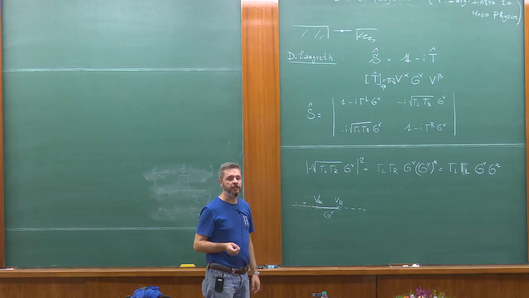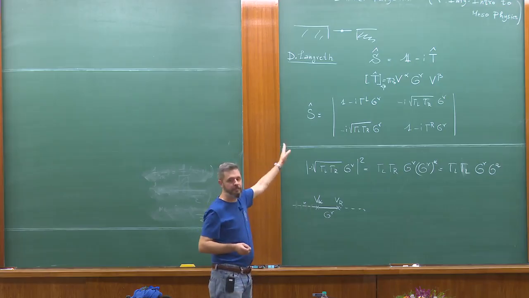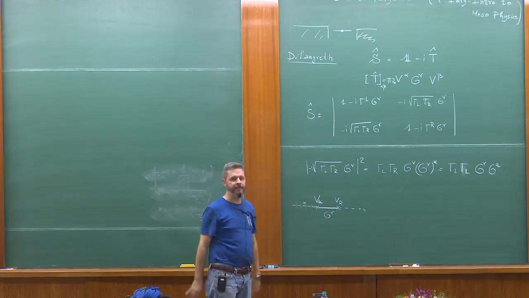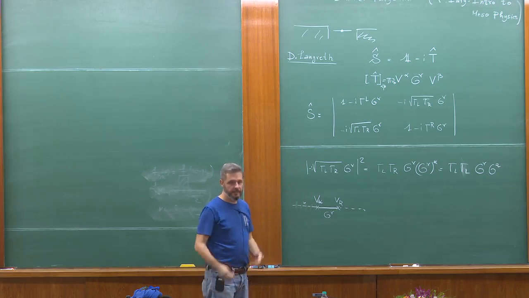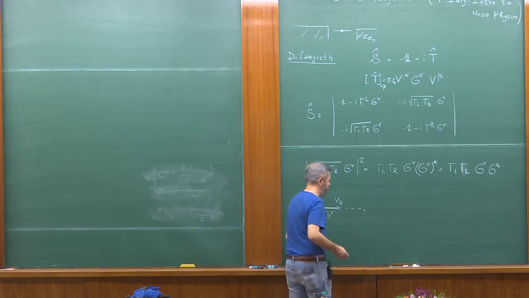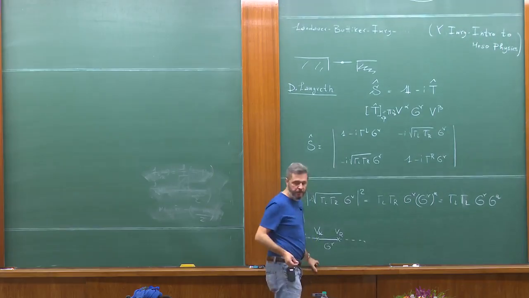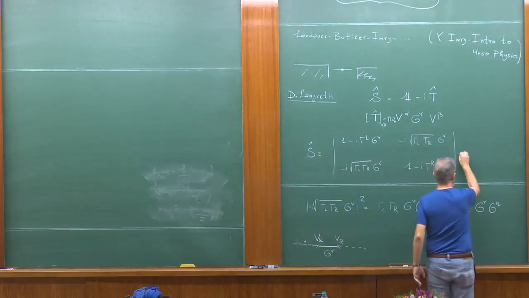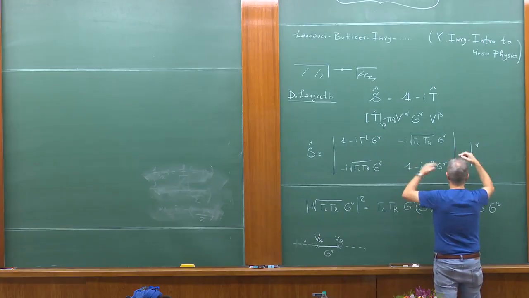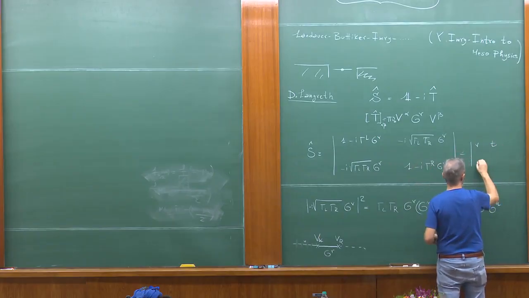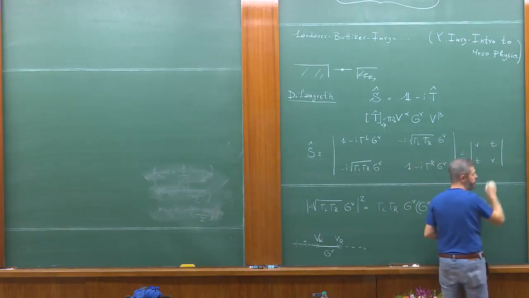What is the statement? This is the S matrix. This is the scattering matrix. And maybe I have to remind you that the scattering matrix, for this particular symmetric problem, is reflection, transmission, transmission, reflection.